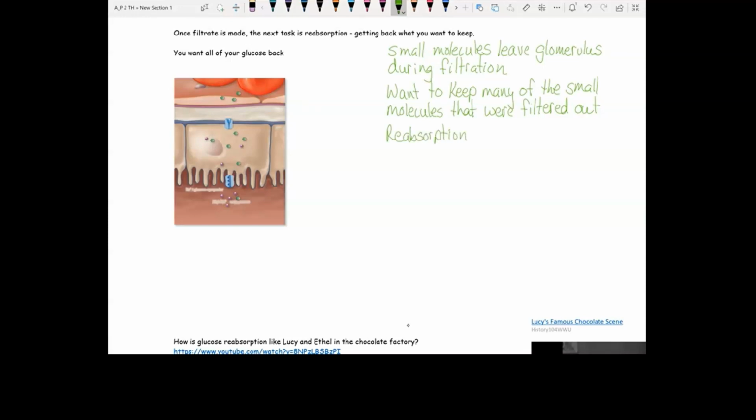This is where you move those molecules from the tubular fluid in the nephron back to the blood.